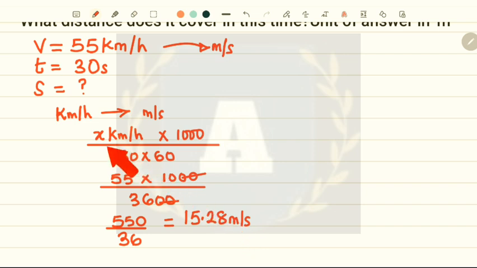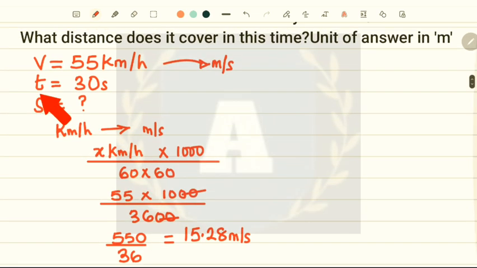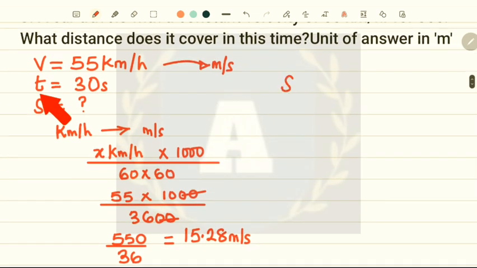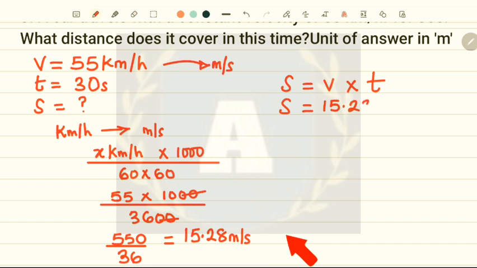So now here you are asked to calculate the distance, and we know that distance is the product of velocity multiplied by time. So the velocity is 15.28, which has been converted, then multiply by time.